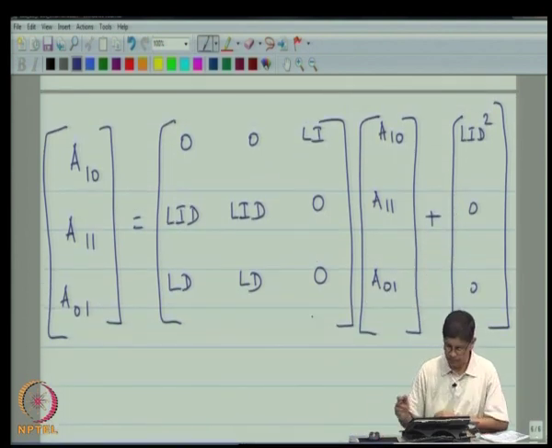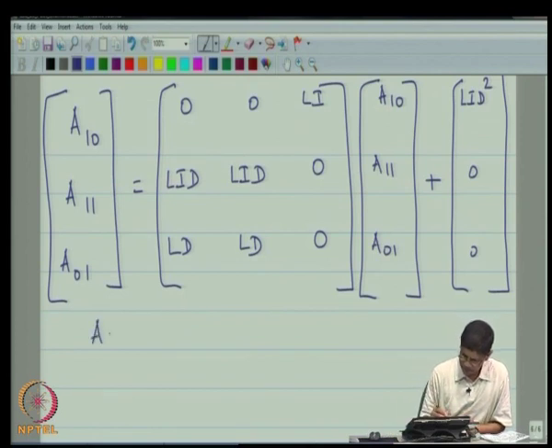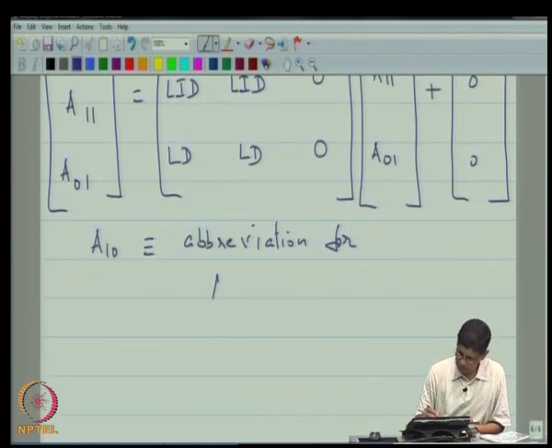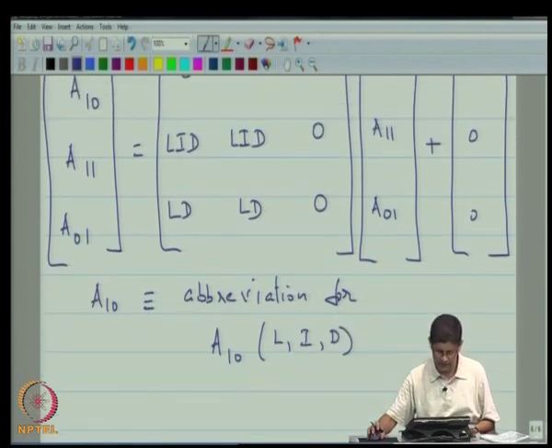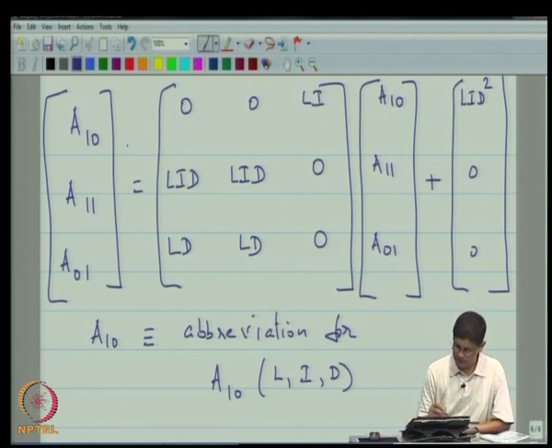so let us see if I can explain this for you. By the way, it should be obvious, but when I write A10, this is just an abbreviation for A10 of L, I, D. So all of these are generating functions on both sides, and we are just saying that the generating functions are interrelated. So A10 is LI times A01 plus LID squared. Okay, so let us try to remember that A10 is LI times A01 plus LID squared.